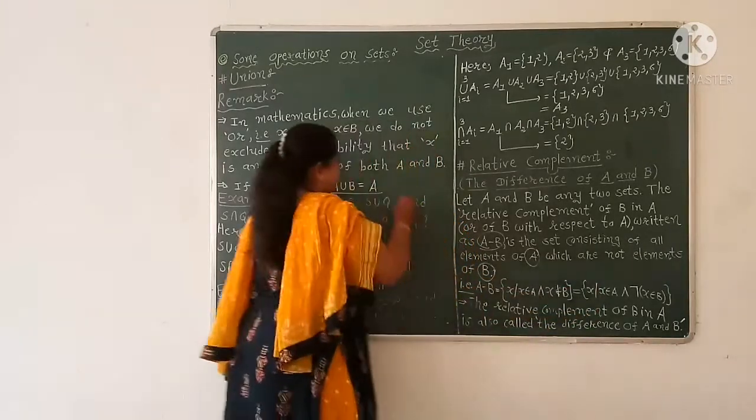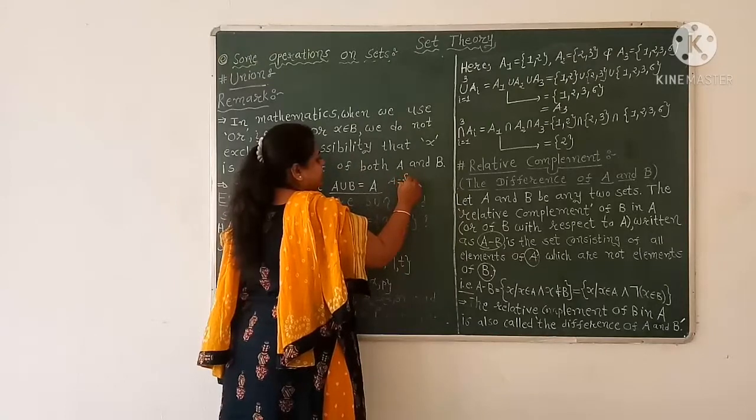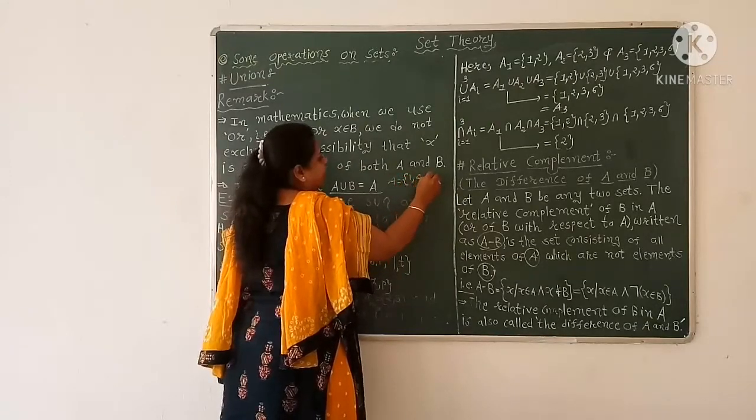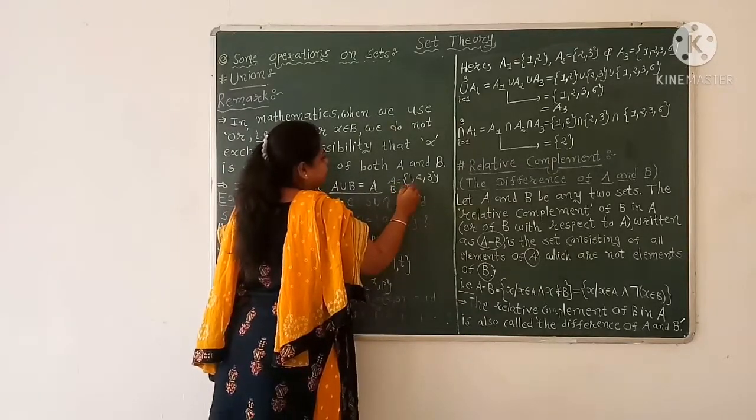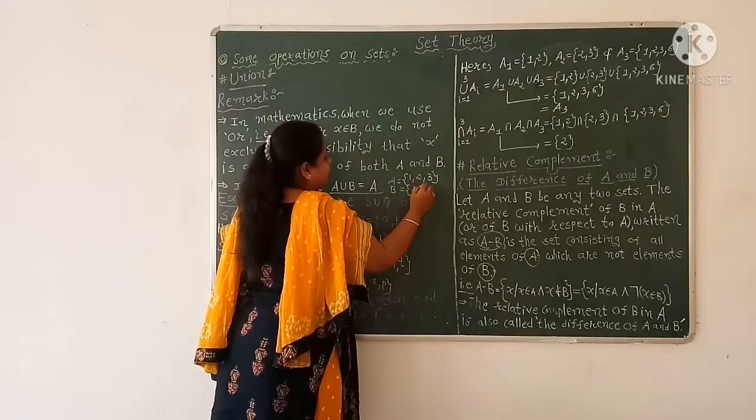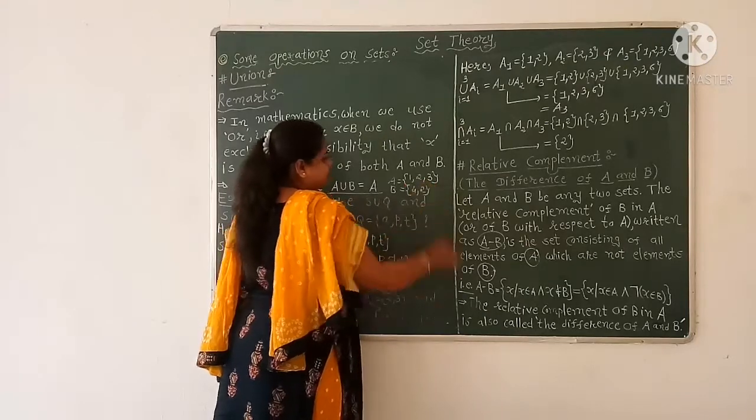For example, suppose we have A is equal to 1, 2, 3 and B is equal to 4, 2.